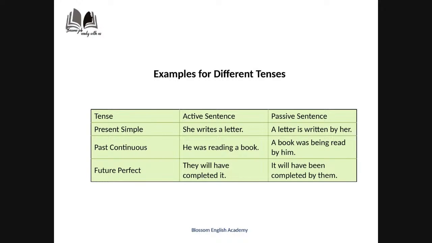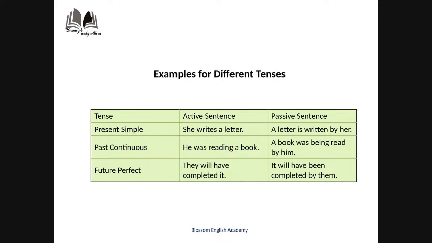In the passive sentence it becomes the subject, it, and the tense form in our active voice is will have completed, right? Will have completed, it is in future perfect tense. And when you are converting it into your passive sentence, it will become will have been completed. Okay, it will have been completed, and who would have done the action? They. So when you turn that into passive voice, it becomes by them.